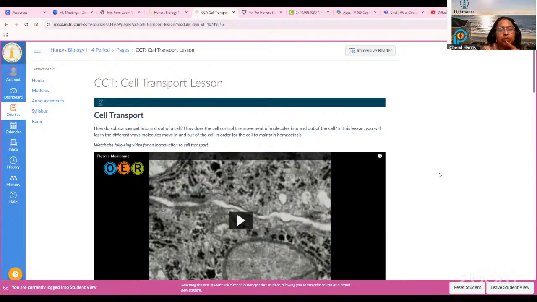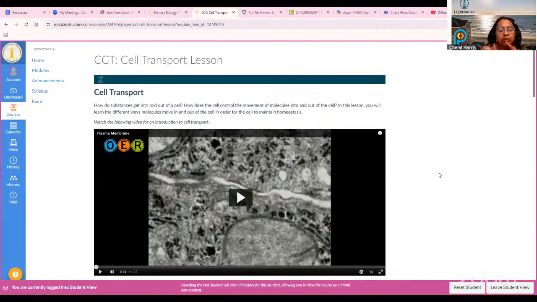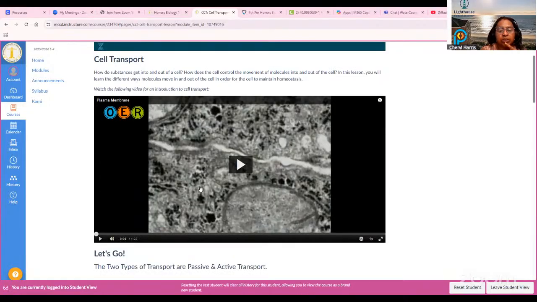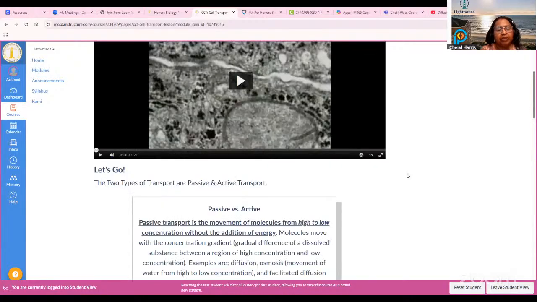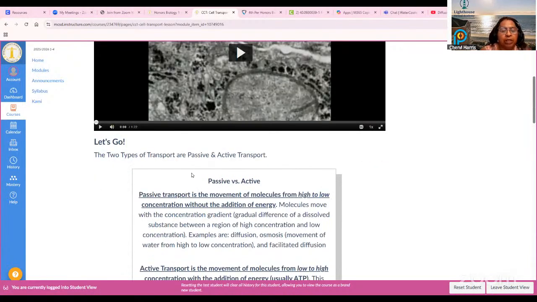All right, so we're going to look at the cell membrane up close. So you can look at this one. This is a good video, but it's not as good as the one I'm going to show you. And then today's focus is on passive and active transport. And actually, we're just probably going to get as far as passive transport today.